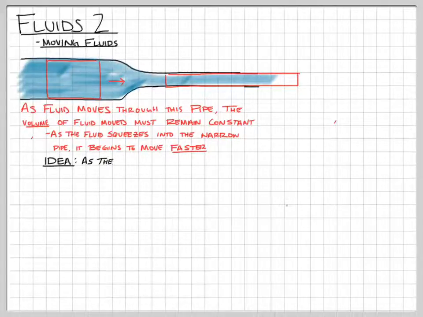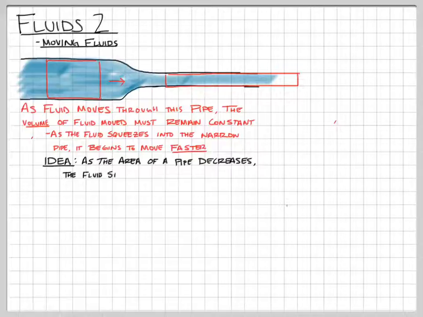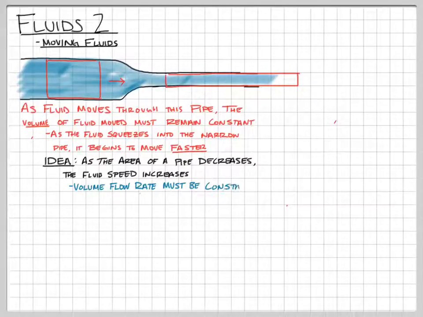So the idea here, as the area of a pipe decreases, the fluid's speed increases. That's important. And the volume flow rate must be constant. So as the area gets smaller, the speed increases, and the volume flow rate must be constant. That's sort of our idea and our concept with that.